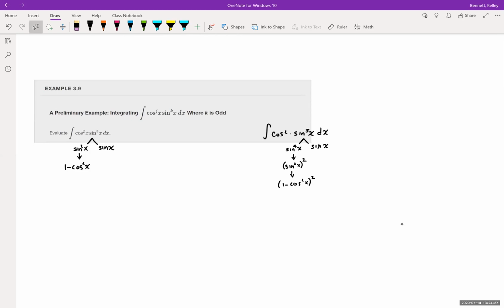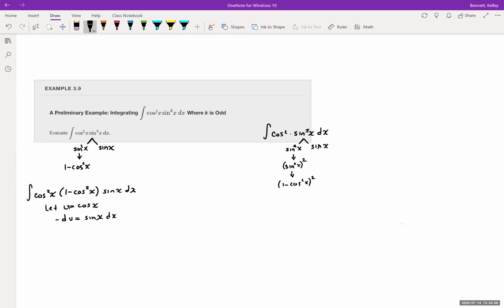So let's rewrite the integral. I have cosine squared x times 1 minus cosine squared x times sine x dx. And if we let u equal cosine of x, then negative du, as we just did above, will be sine x dx.